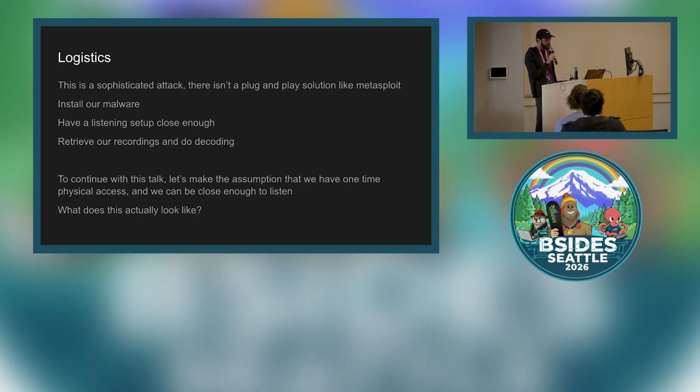We need to have some kind of listening station, unless you have a very, very powerful antenna and or way to broadcast, and also way to dodge the FCC. Or we need to be close enough to listen. And we need to retrieve our recordings and do the decoding. So that is also not a super trivial process, but let's just assume that we have one-time physical access and can listen, because otherwise this talk is not so interesting.